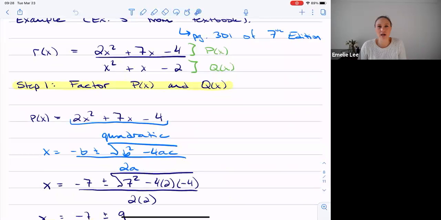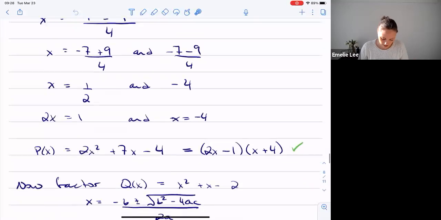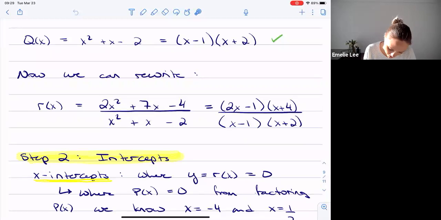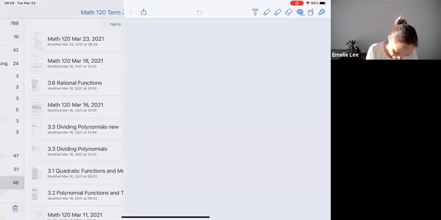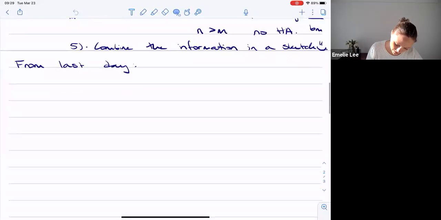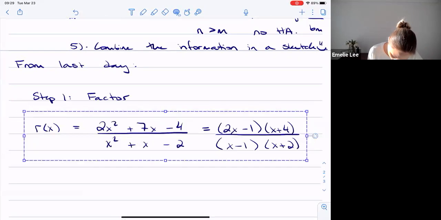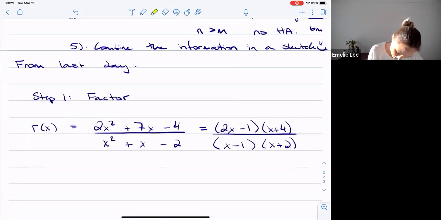These are both quadratics, right? We know how to factor quadratics, so that's great. I'm not going to bring that work in, but I will bring in this, copy. So step 1, factor, and paste.